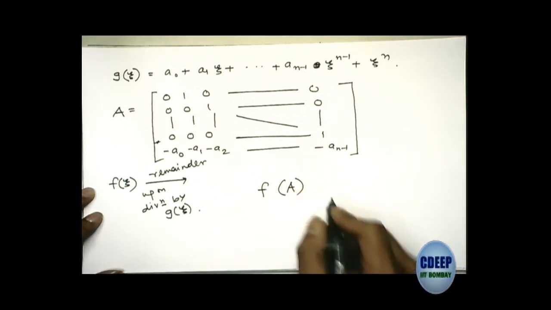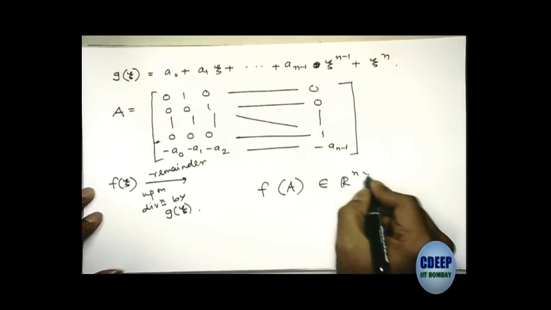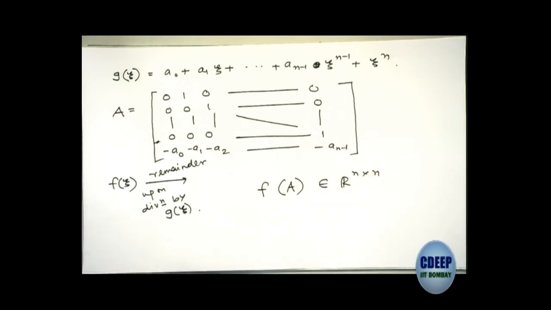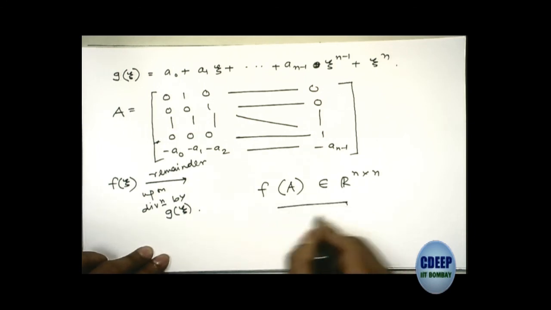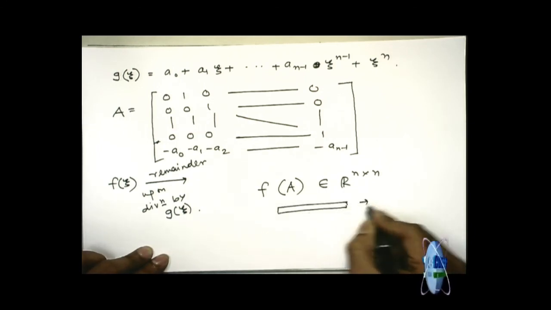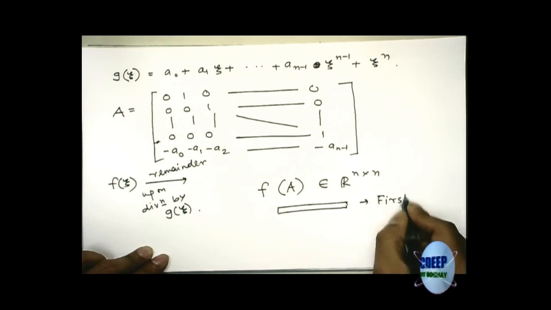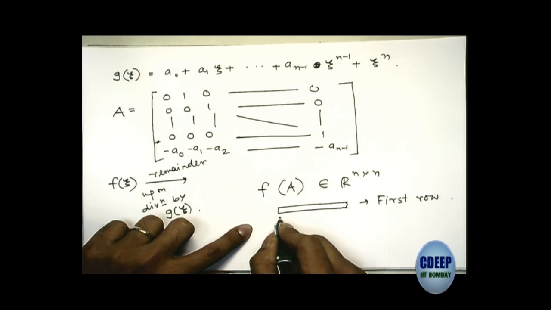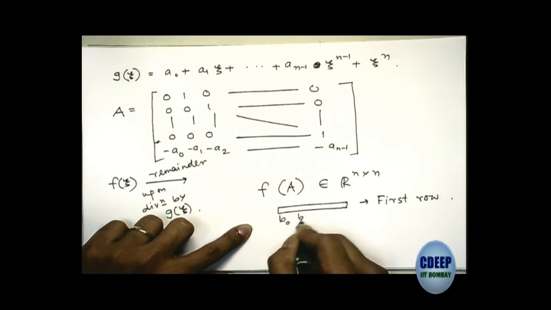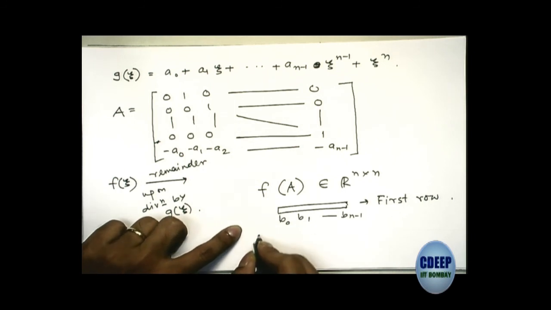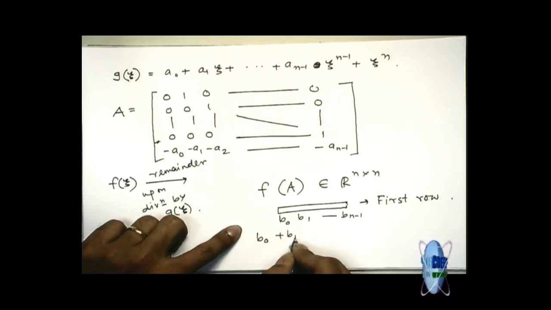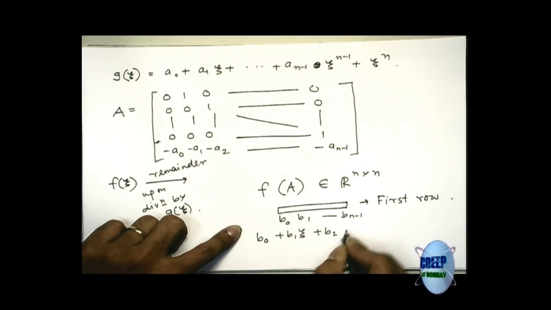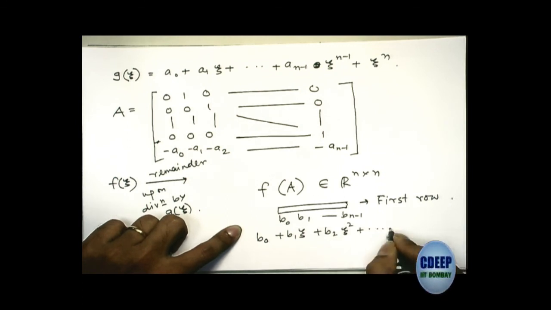When we evaluate, we are going to get this to be an n by n matrix. In that n by n matrix, look for the first row. In the first row, suppose the entries are like this. Suppose this is B0, B1 up to B n minus 1. Then from this, form the polynomial B0 plus B1 times xi plus B2 times xi squared plus dot dot dot up to B n minus 1 times xi to the n minus 1.